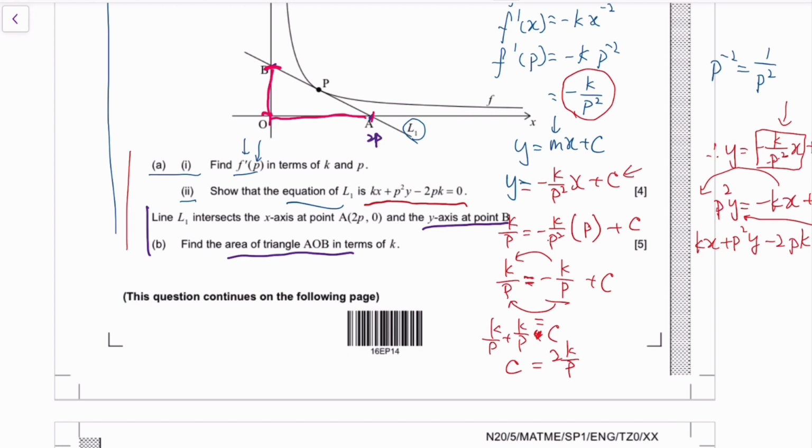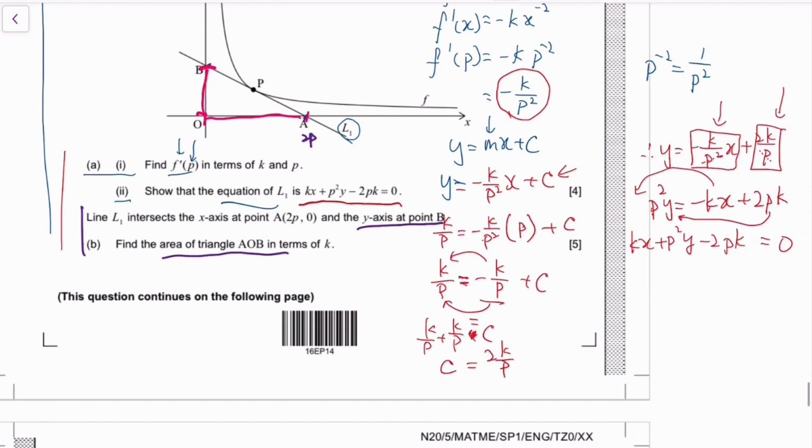Some of my students, when trying this, actually thought of doing integration. It's actually possible. You can go back to the equation of the tangent line, well, it's not this one, you go back to this one. And then technically you can integrate that from 0 to 2p.